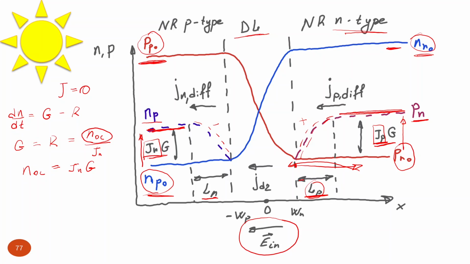It defines the region next to the edges of the depletion region of the p-n junction, in which we observe diffusion of minority non-equilibrium charge carriers. Because here we have it flat, there is zero gradient.